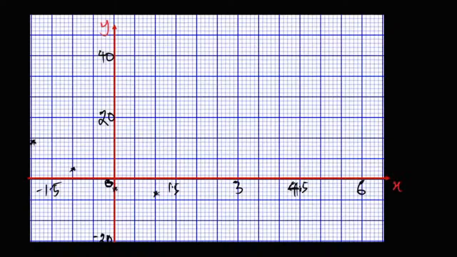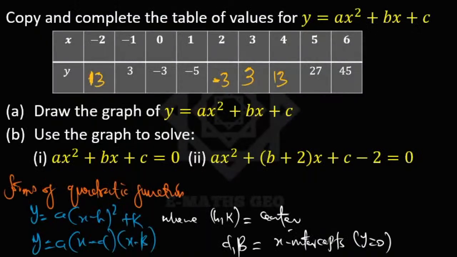So move 20 grid lines, 5, 10, 15, 20, and minus 3, meaning we move the same units down. So we move 1, 2, 3, somewhere here.